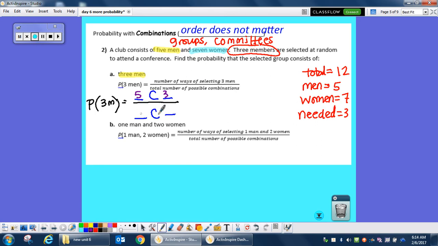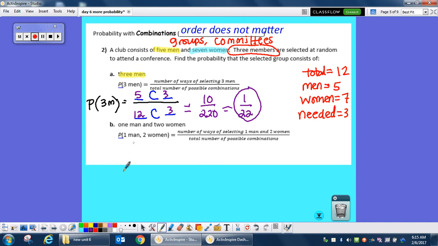So that's going to be the total number of people, 12, and you still need 3. And so you would calculate each number. I believe 5 choose 3 is 10, and then 12 choose 3 is 220, and then you're going to simplify that to 1 out of 22.